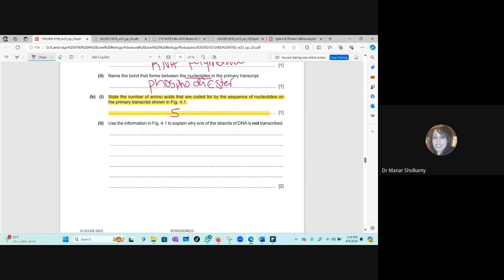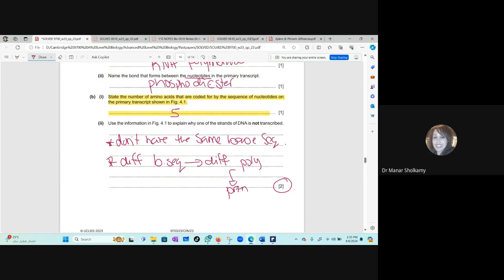So I need at least 2 reasons, because I will say that the strands don't have the same base sequence. And a different base sequence will give me a different what? Polypeptide chain. Yes, a different polypeptide chain and a different protein with a different function.